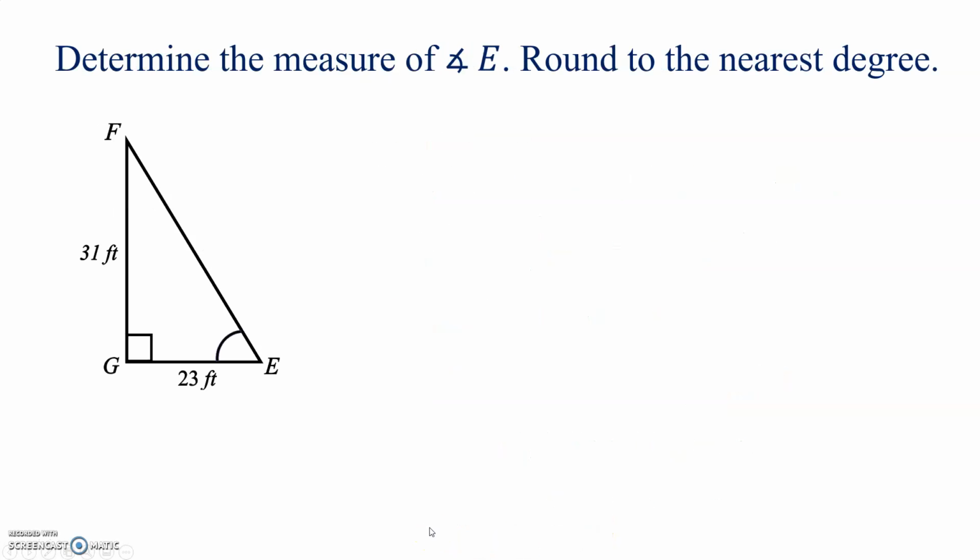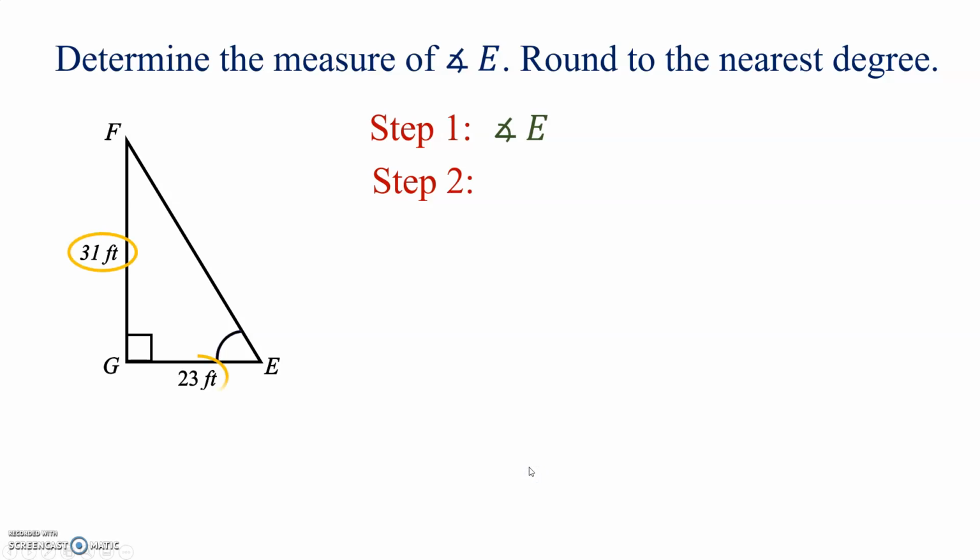All right, let's try one more example. Determine the measure of angle E. Round to the nearest degree. So step 1 says determine the angle you're working with. Determine the acute angle. In this case, it's angle E. How do I know that? Because in the question it says determine the measure of angle E. So we're not working with F. So angle E. Step 2 says let's look at the sides.